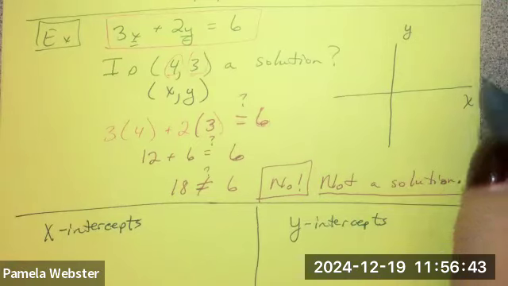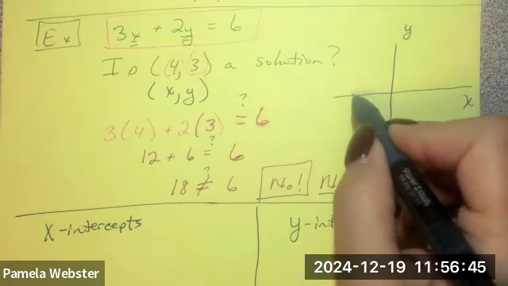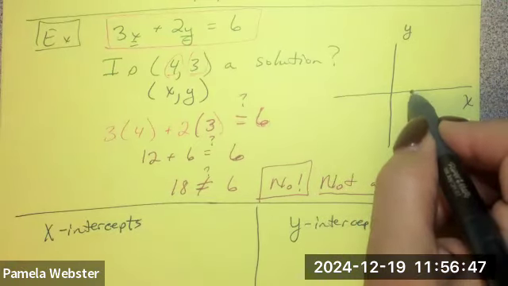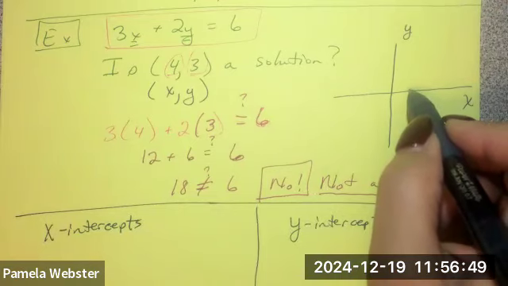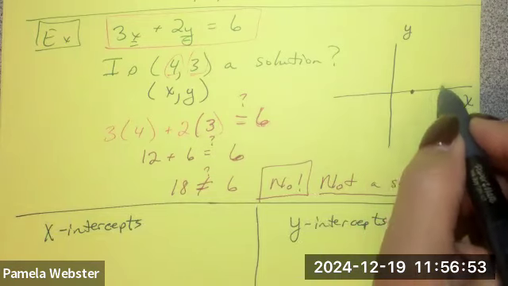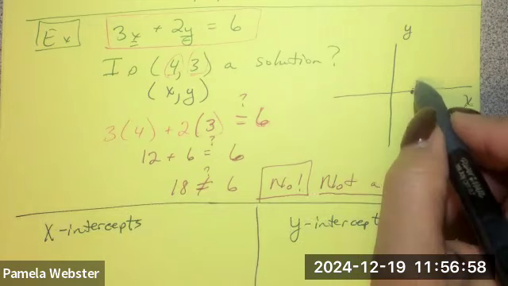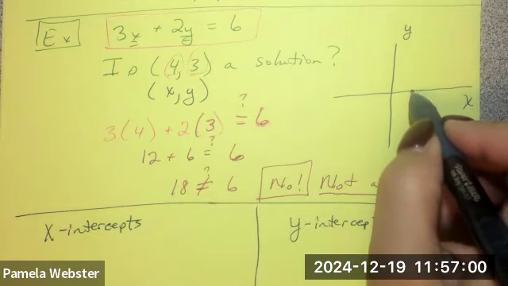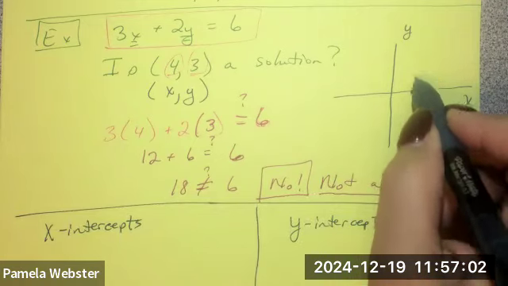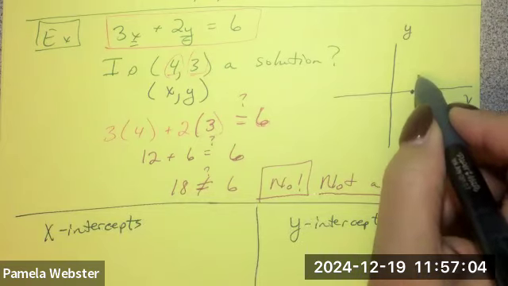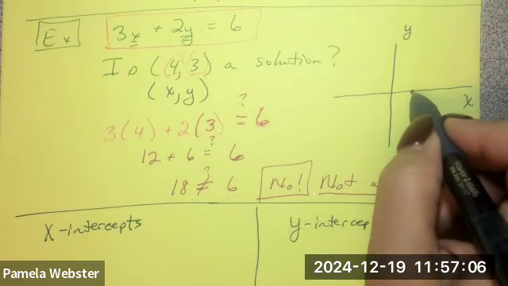If something's an x-intercept, that means it's crossing the x-axis. Maybe it crosses here or something. If it crosses right there, then there's an x value, positive, negative, it could be 0, but the y value for sure is 0. For it to cross the x-axis, it's not a positive y, it's not a negative y, the y equals 0.